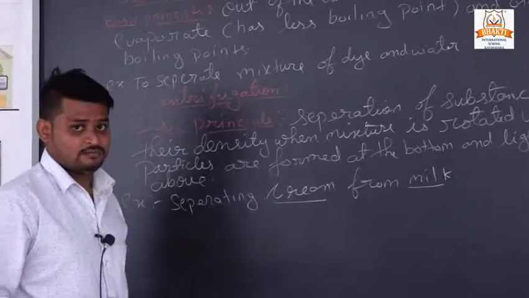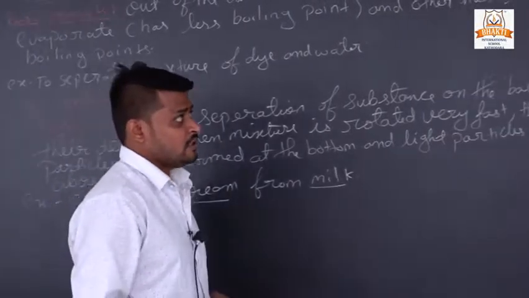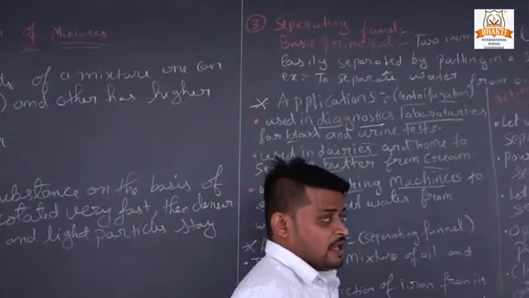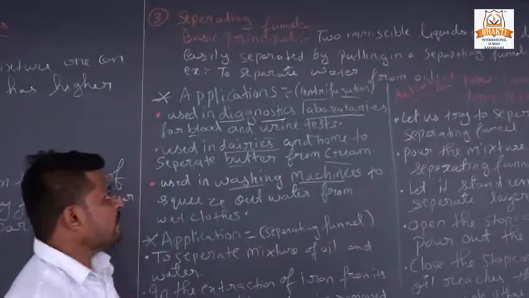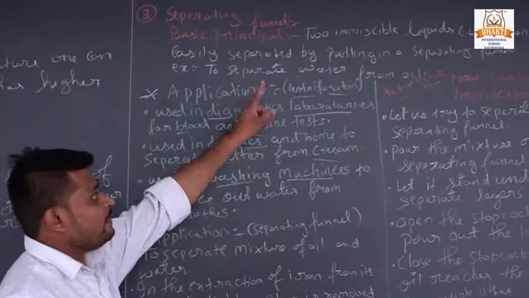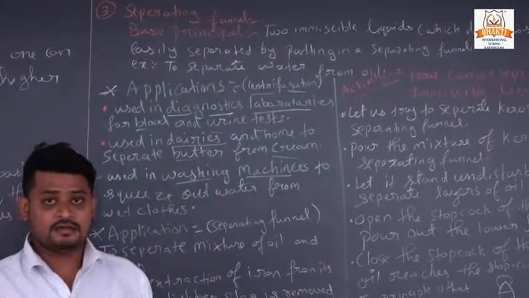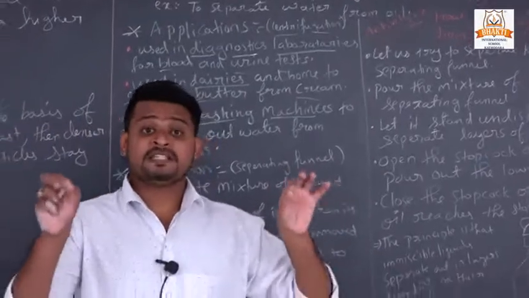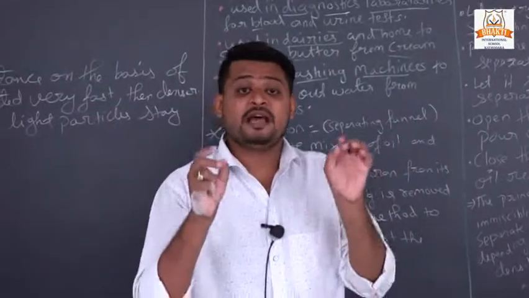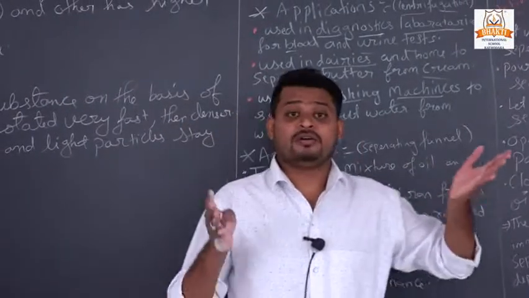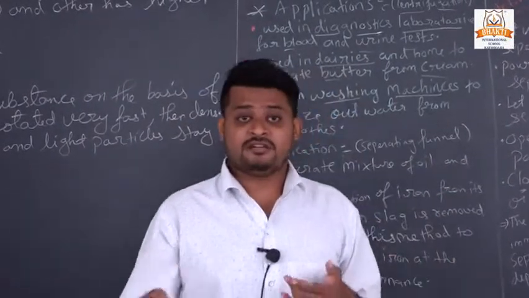Now our third method of separation is the separating funnel. The basic principle of the separating funnel is to separate immiscible liquids, means in this method there are two immiscible liquids. Immiscible means they are not mixing with each other, like water and oil, water and kerosene.